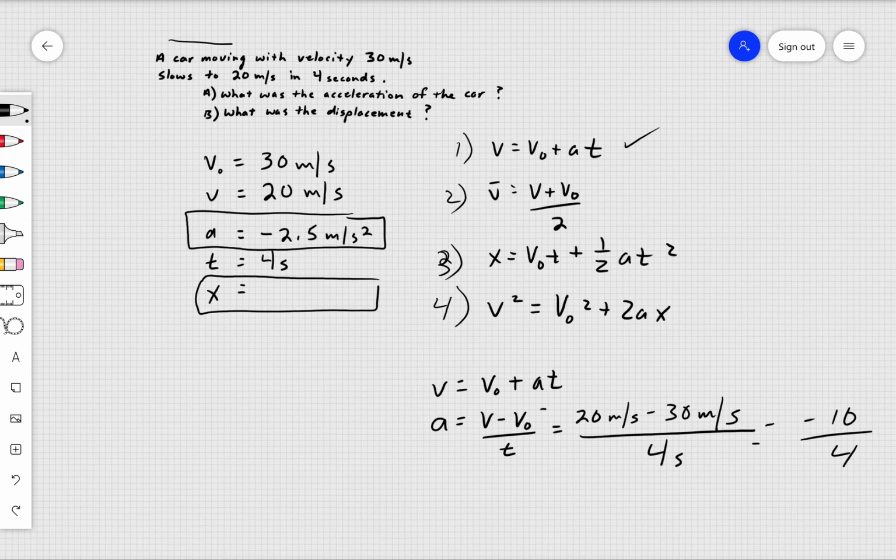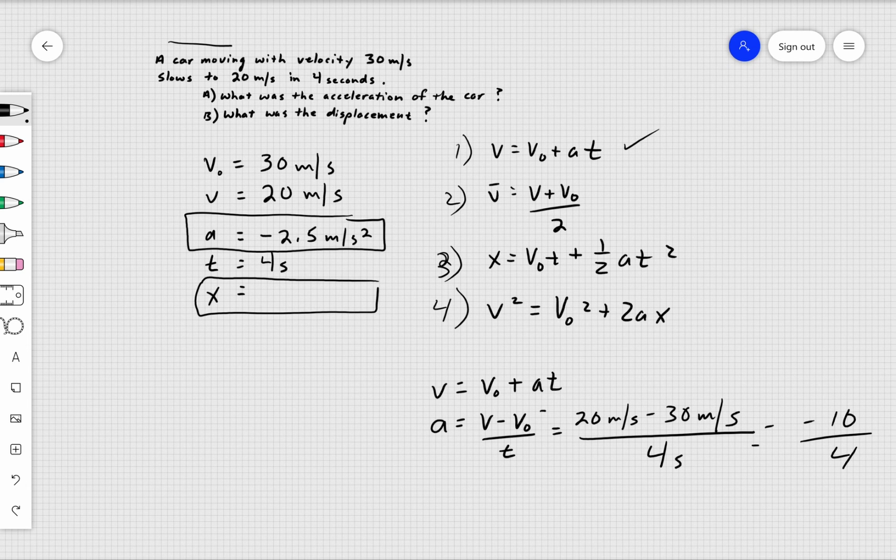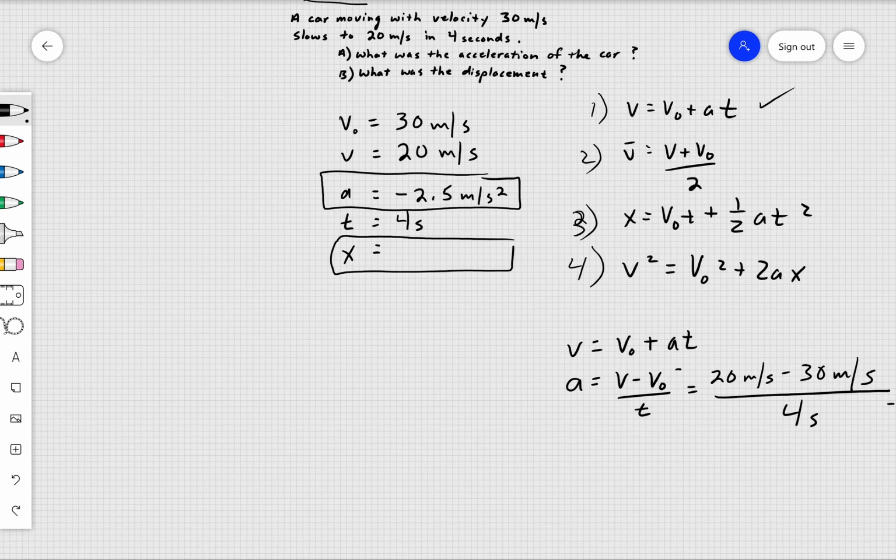And then to solve for x, again, I could use either equation 3 or equation 4, but equation 3 requires no manipulation. So x is V naught T plus a half AT squared. The initial velocity is 30 meters per second. The time is 4 seconds. Plus 1/2. The acceleration we now know is negative 2.5.